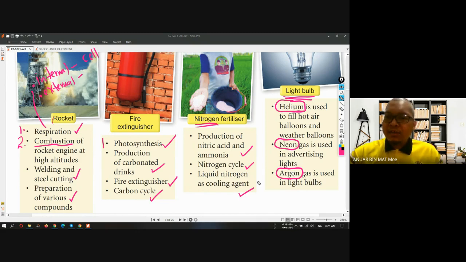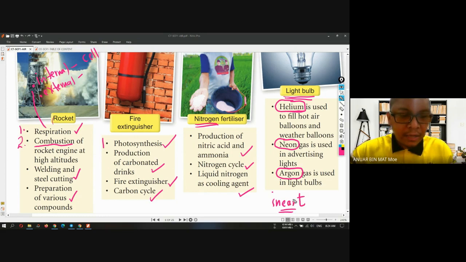What is meant by inert? I-N-E-R-T. Inert gas means that the gas is not reactive. Okay, if you use oxygen, it will burn. Oxygen helps in burning; when we want to burn something, we need oxygen. But inert gas does not react with fire. This is what we call inert.